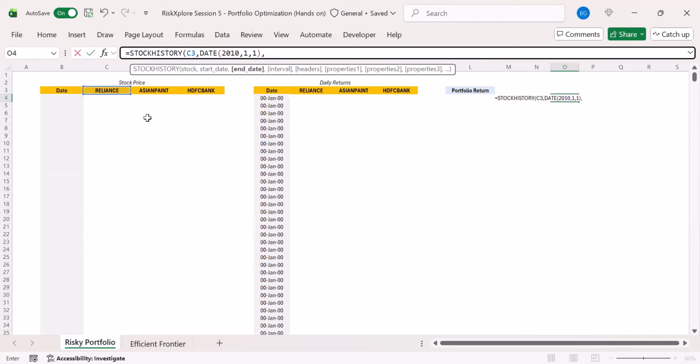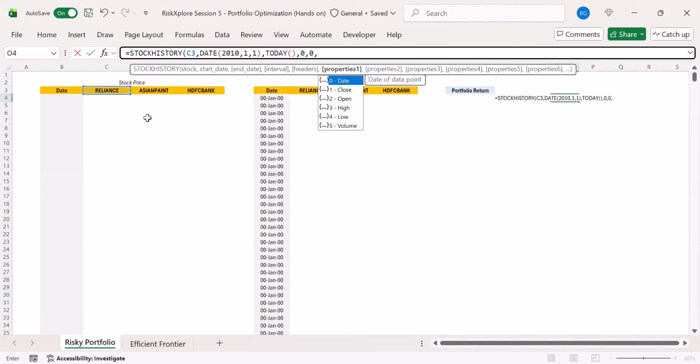So for dynamically giving today's date, we have to use the TODAY function. So today, comma, interval, let's say we are interested in daily stock prices, so let's go with 0 here. Then, do we want the headers or not? So let's say we opt for no headers here.